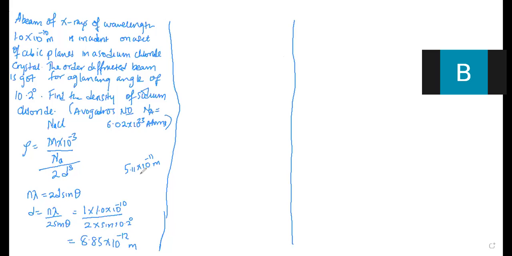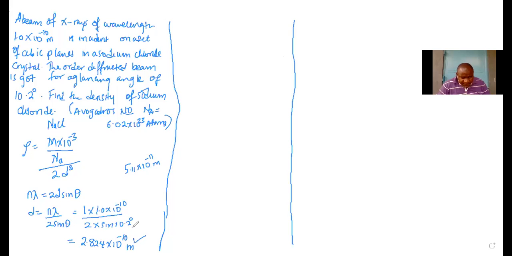I've got 2.8. Correct, that's the correct answer: 2.824 times 10 power -10. Let's look at your calculator. Yes, 2.824 times 10 power -10. This is the correct one.